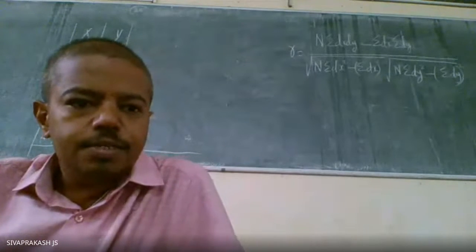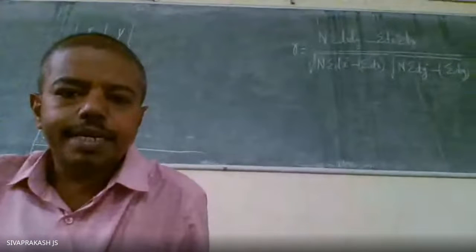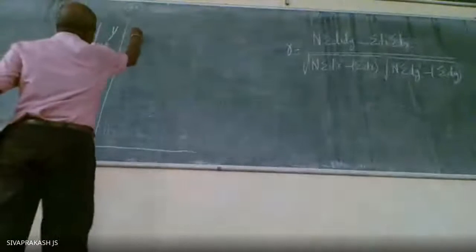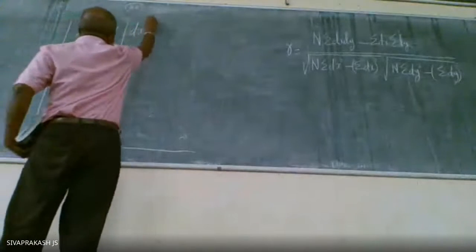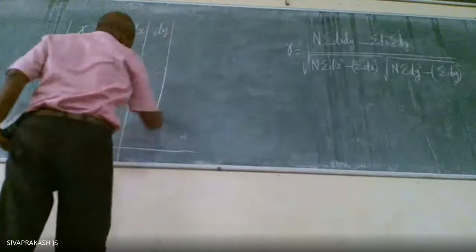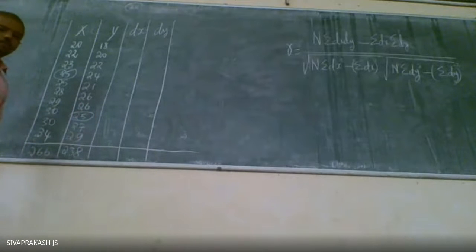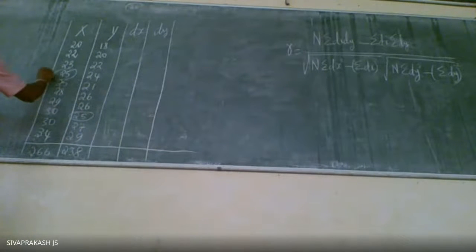So take down the formula. Now I am going to calculate dx and dy. Take 25 and 25 and then assume the mean.